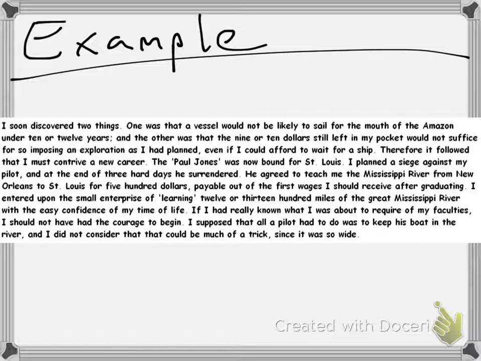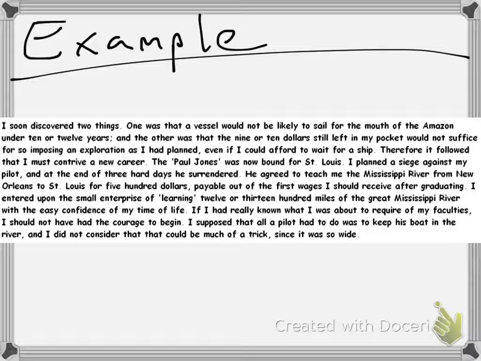He agreed to teach me the Mississippi River from New Orleans to St. Louis for $500, payable out of the first wages I should receive after graduating. I entered upon the small enterprise of learning 12 or 1,300 miles of the great Mississippi River with the easy confidence of my time of life. If I had really known what I was about to require my faculties, I should not have had the courage to begin.